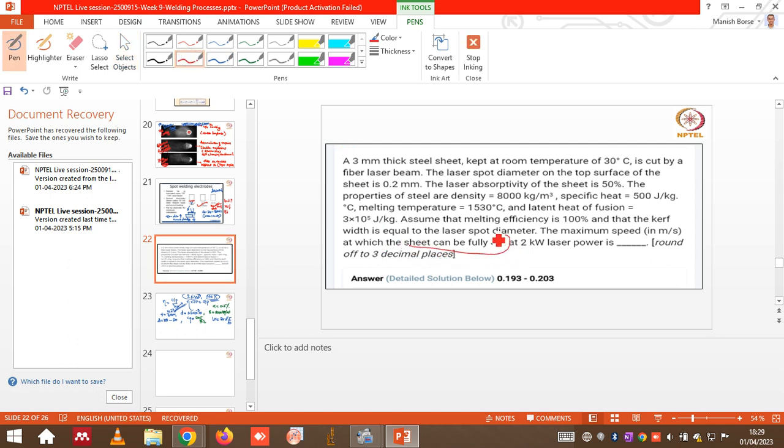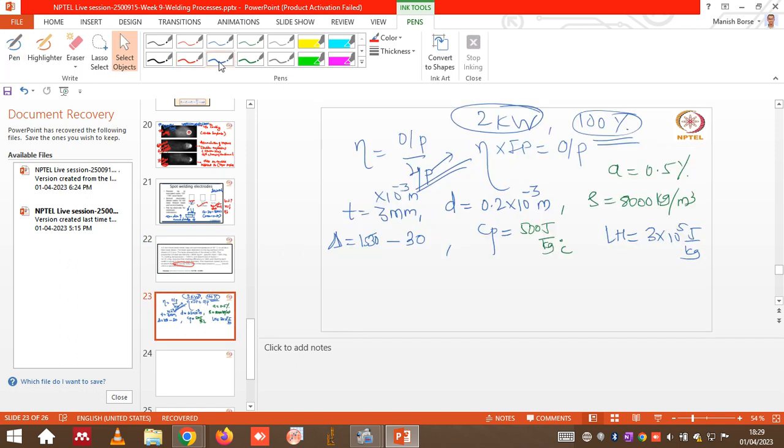The width of the slot is equal to the diameter of the laser, and they ask about welding speed in meter per second.